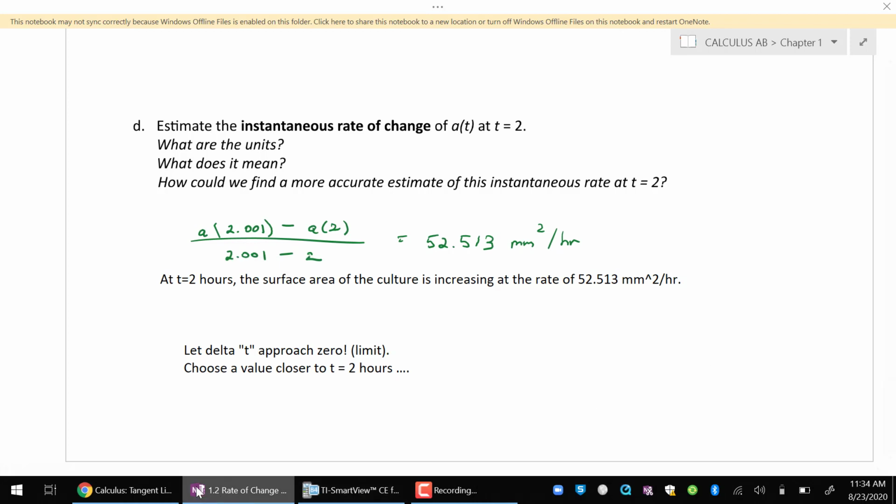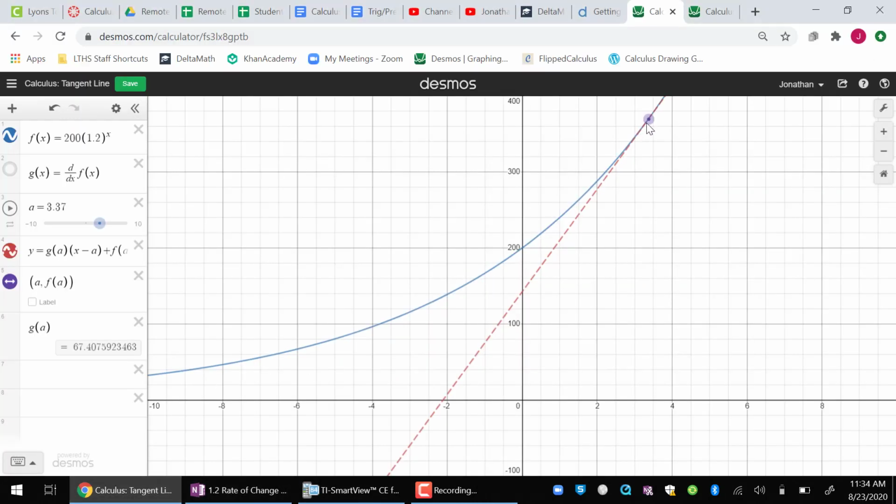And by the way, if I go back to my Desmos graph and pull this point to go right at 2, I want the a value to be exactly 2. So there it is. I'll turn on that ordered pair, which is 2, 288. Down here, I have a little extra cell where I typed in g of a.